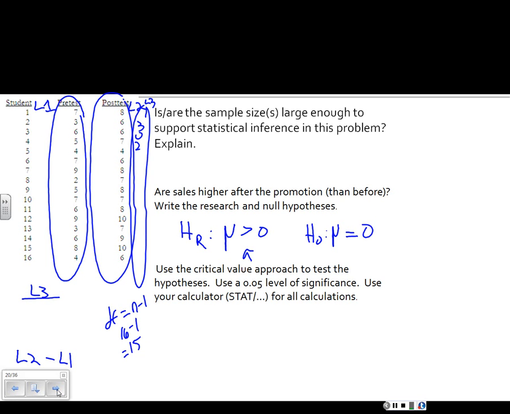And we have a one-tailed test because it's just greater than. And alpha was 0.05. So if you look that up in your t-table, you're going to get 1.753. So we're going to reject H0 if the t-test statistic is greater than 1.753.